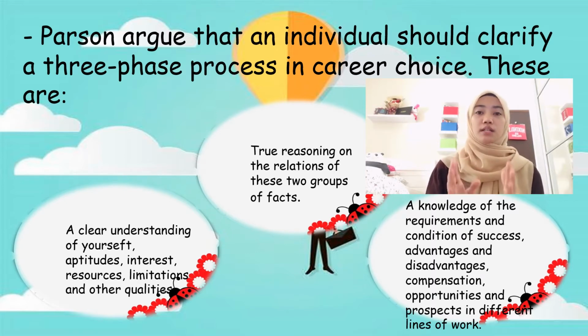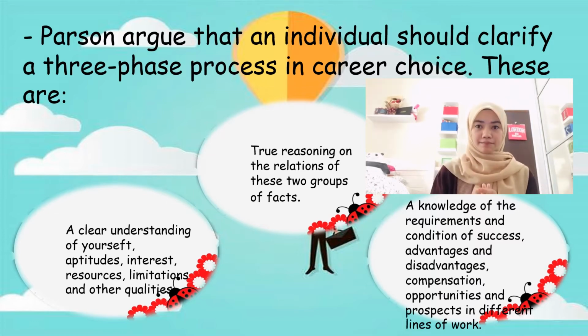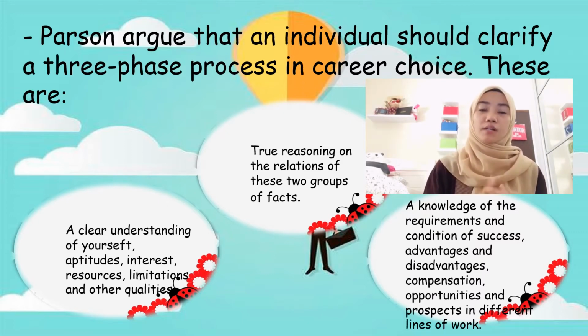You should understand your aptitudes, your abilities, and others. Second, a knowledge of the requirements and conditions of success, advantages and disadvantages, compensation, opportunities, and prospects in different lines of work. And lastly, true reasoning on the relation of these two groups of facts.